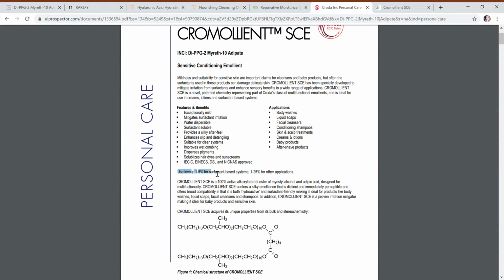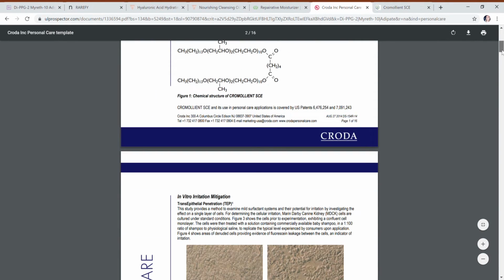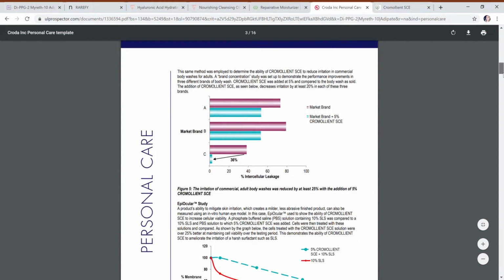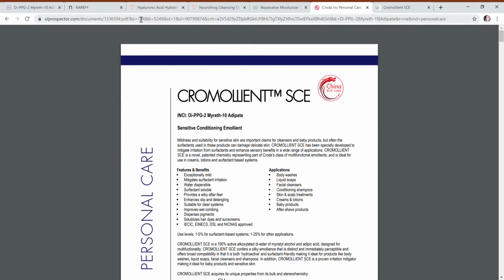We see that the usage rate is 1 to 5% for surfactant-based systems and 1 to 25% for other applications. And here's listed what the applications are, or what kind of products that this ingredient is used in. And it's going to give us some more scientific studies and information from the manufacturer, and also some formulas that you can use this ingredient in.